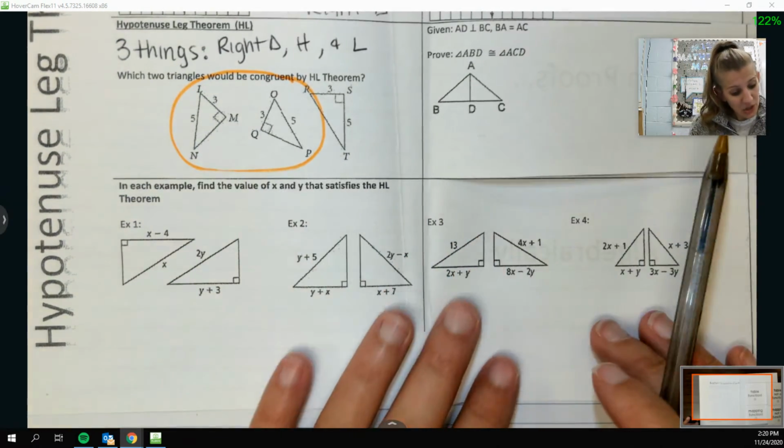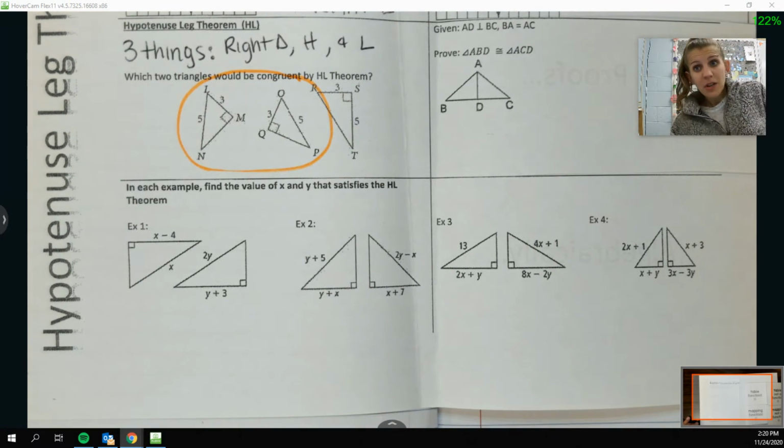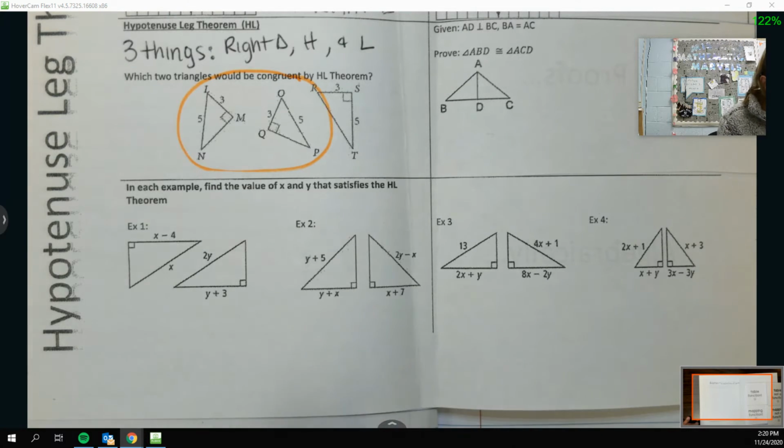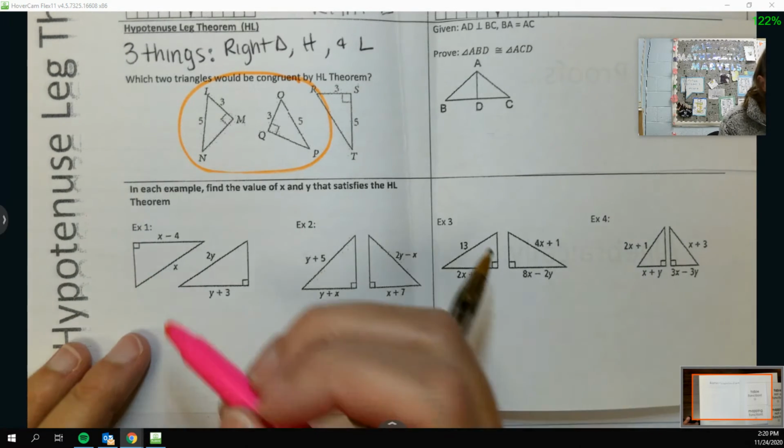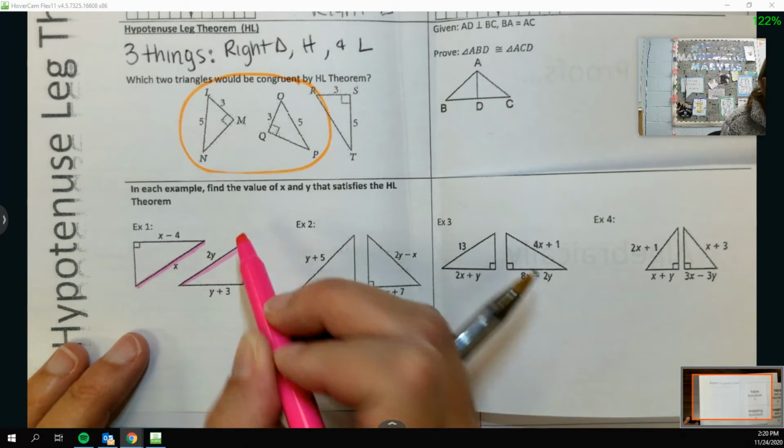The last one that I do want to do with you is how we use this algebraically. So if two right triangles are congruent by HL, then I can set their corresponding parts equal to each other. So in example 1 right here, this guy is the hypotenuse and so is that.